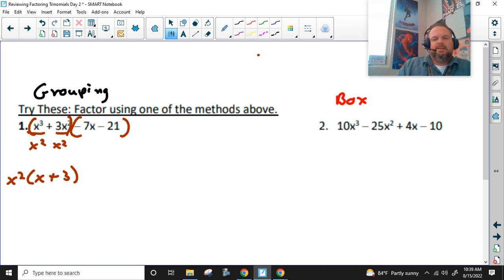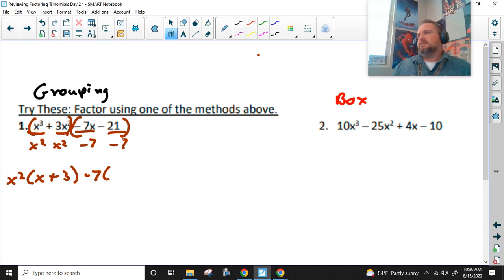Okay. Now, because this term is negative, I have to factor out a negative first thing. Okay. Yes. All right. We will see it a lot more today. Now, what's the biggest number that will divide 7 and 21? Okay.